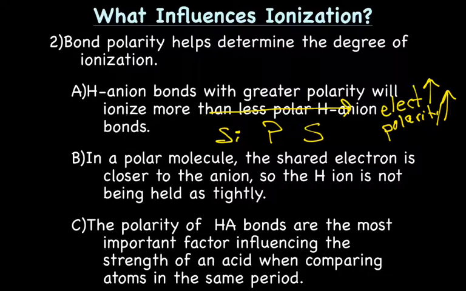Which means the electrons are less and less equally shared, which means ionization increases, which means acid strength will also increase as you go across a period.